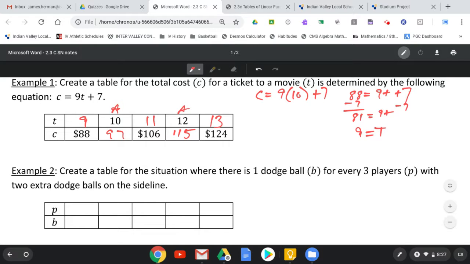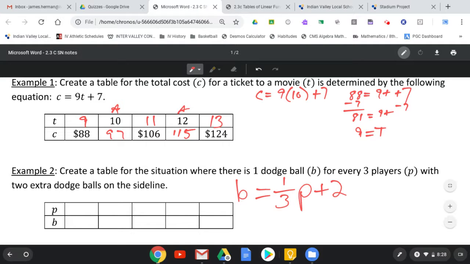So there's 1 ball for every 3 players. Oops, not B, P. Sorry. 1/3 P plus 2 extra. That's our initial value, right? And that equals how many balls we have.